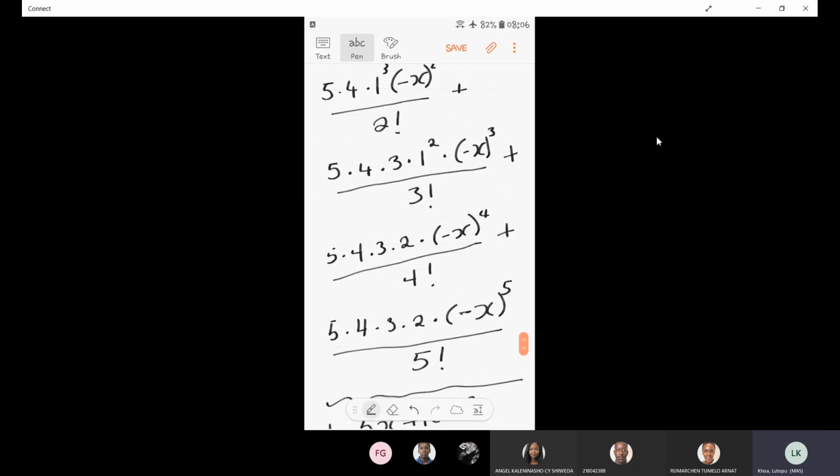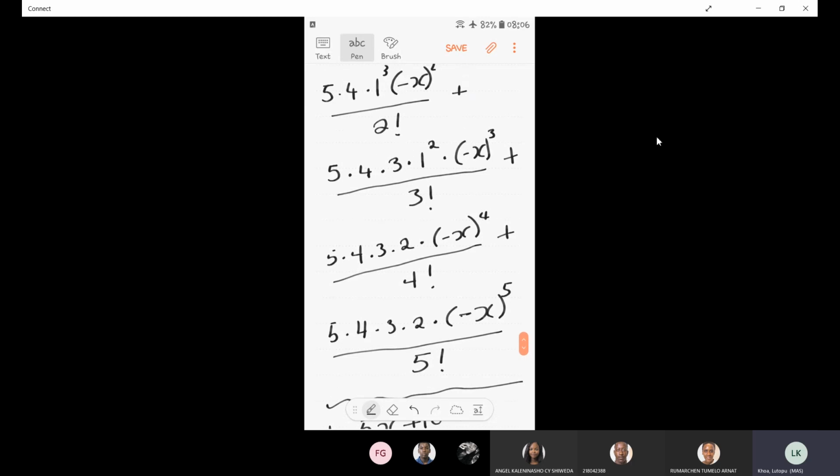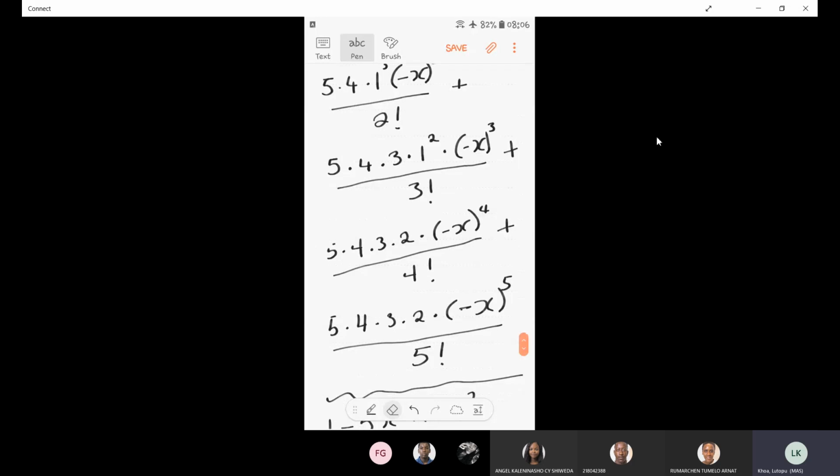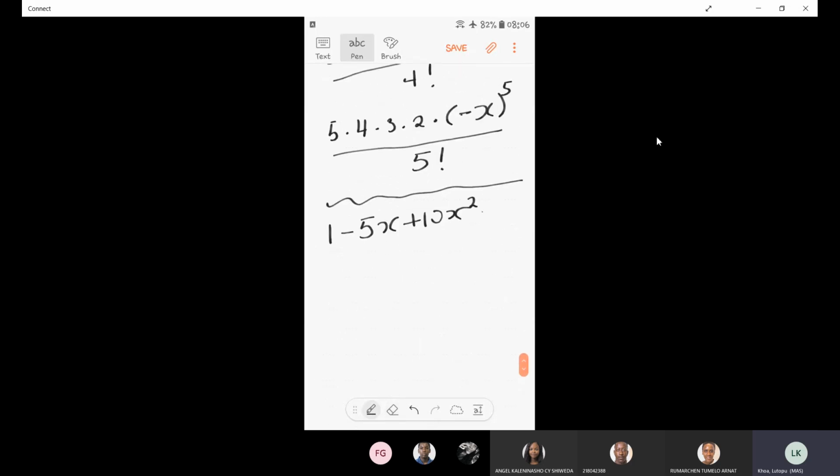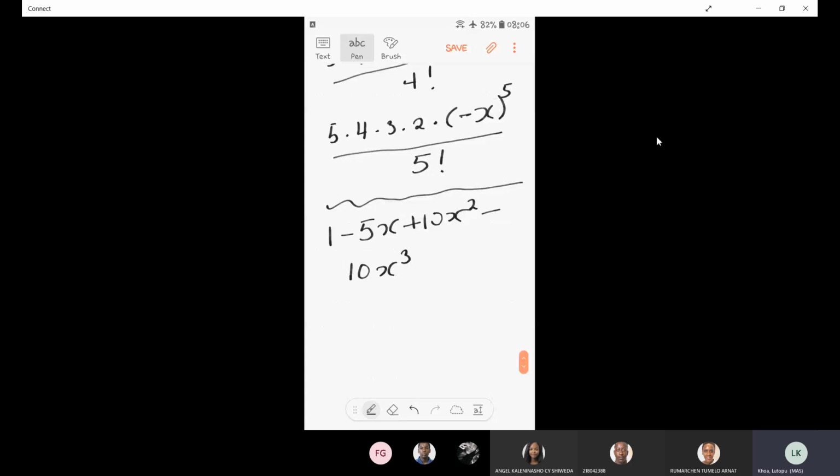Then the next term, I have 5 times 4 times 3 divided by 3 factorial, that is also 10, and this time it is negative because this term over here is negative, so it's negative 10x cubed.